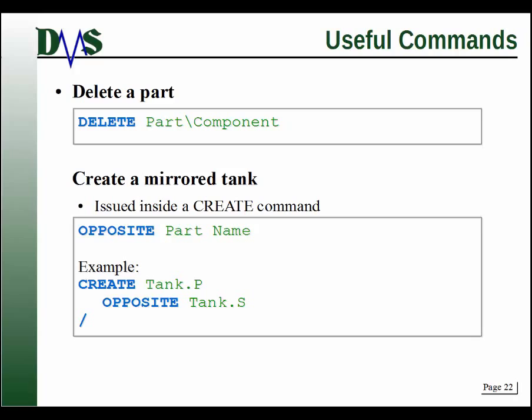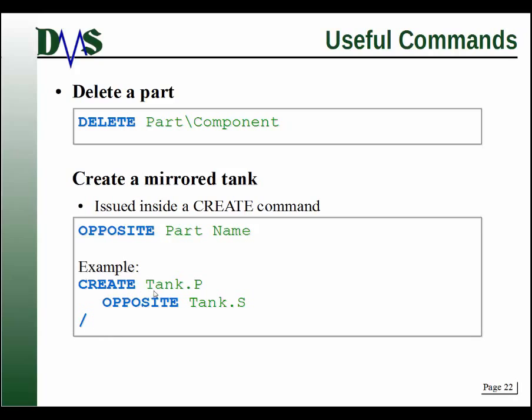So what you do instead is you create a tank on just one side, and then you use the opposite command. So the opposite command here tells GHS, when you're creating the other side, to use all the information from its flip side. So here's an example.